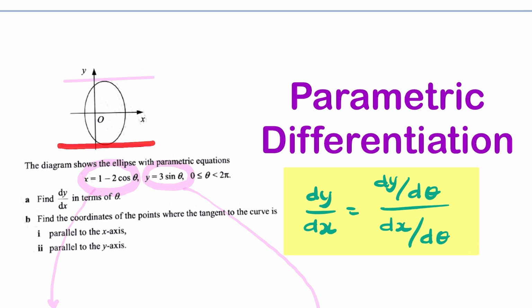And at these points, the gradient, or dy by dx, is going to be 0. So dy by dx for any horizontal line is 0. So let me write that out. dy by dx equals 0 for horizontal lines.